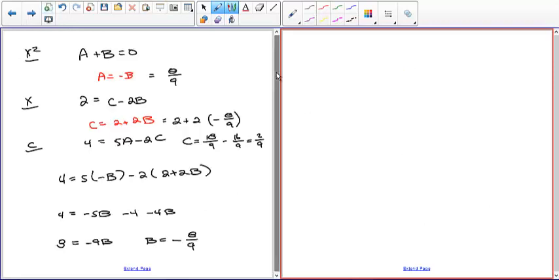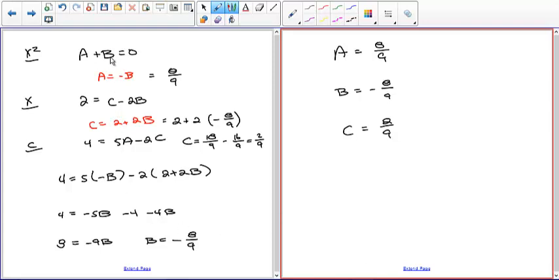Okay, so let's see if everybody got what I got. I got A was equal to 8/9, B was equal to negative 8/9, and C was equal to 2/9.